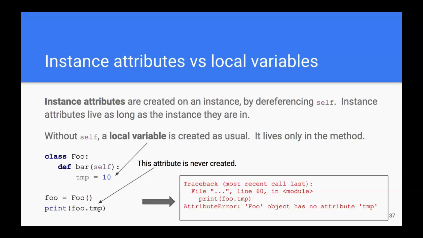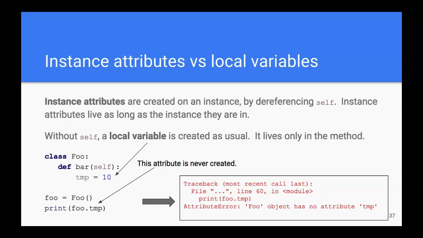That should not be any surprise. Once you create an instance and then create an attribute for that instance, the attribute is going to stay with the instance until either you explicitly delete the attribute, which you probably don't do very often, or somehow the instance is gone. But we don't explicitly delete instances in Python anyway.